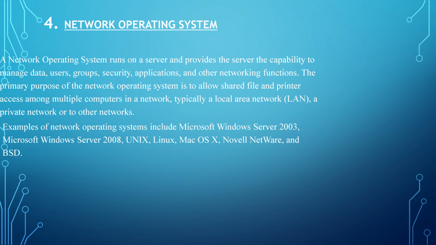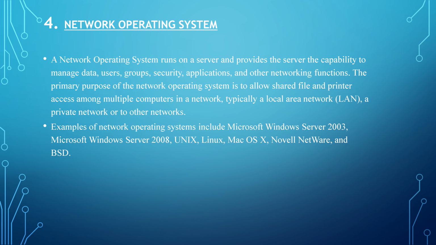We have number 4 type of operating system, which is called network operating system. A network operating system runs on a server and provides the server the capability to manage data, users, groups, security, applications, and other network functions.